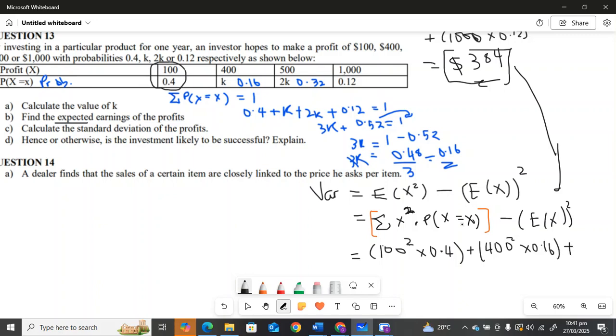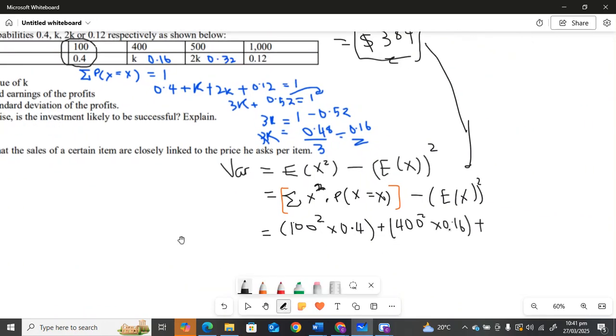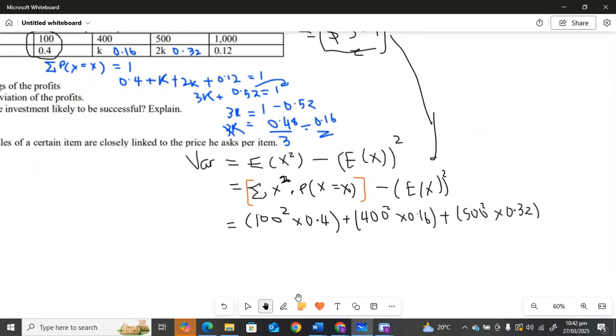Plus 500 squared multiplied by 0.32, plus 1000 squared times 0.12.